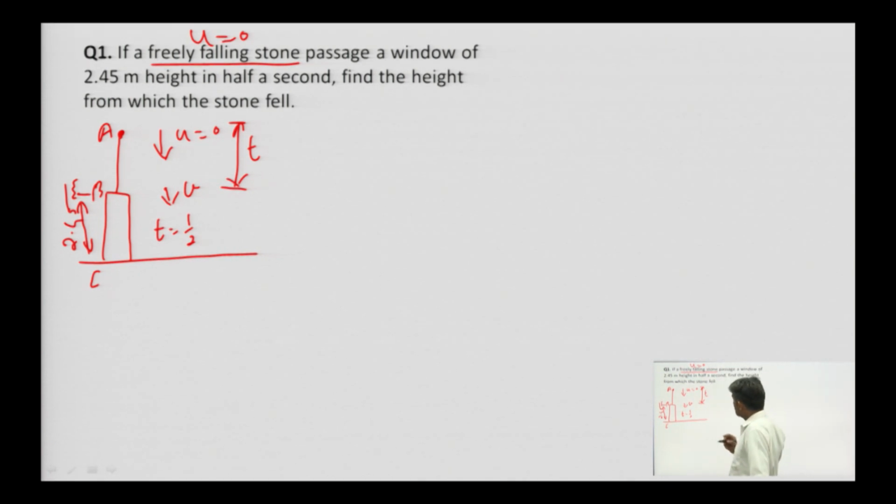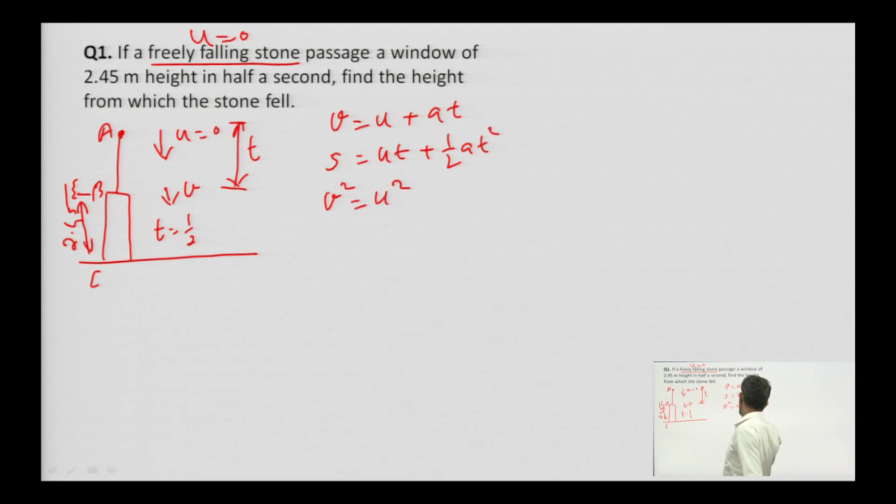We will use the equations which we derived in the last class: v is equal to u plus at, s is equal to ut plus half at square, and v square is equal to u square plus 2as.